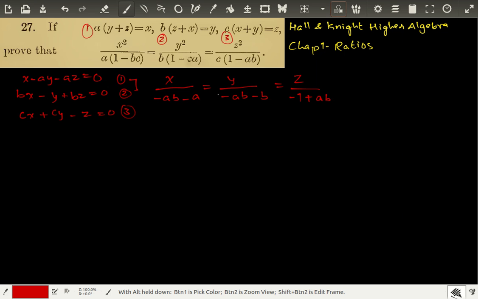So let us multiply each of these equations by minus 1.